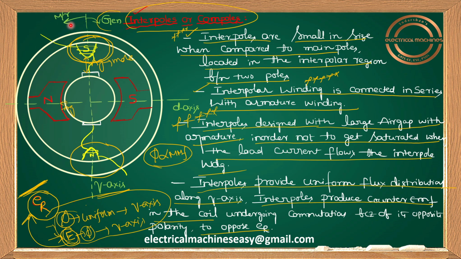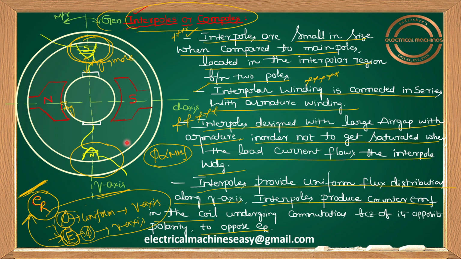Now, with the motor reference, the polarity of the interpole is the polarity of the main pole which is behind. In the anti-clockwise direction, what is the behind main pole? South pole. It should be south pole here. Similarly, for this interpole, what is the main pole which is behind here? North pole. It should be north pole. So like that we have to decide.